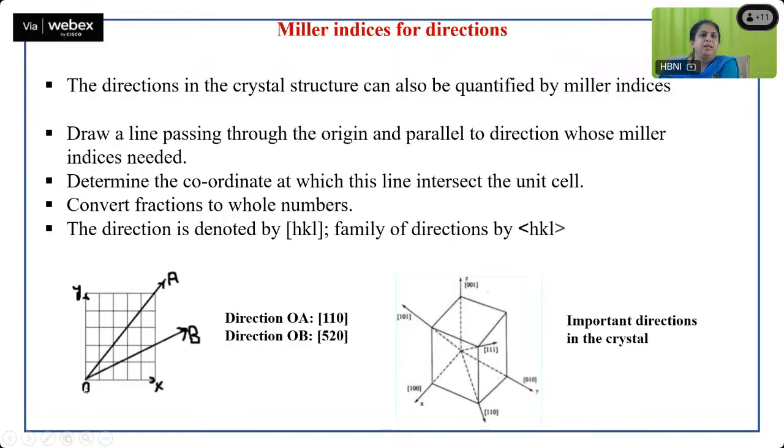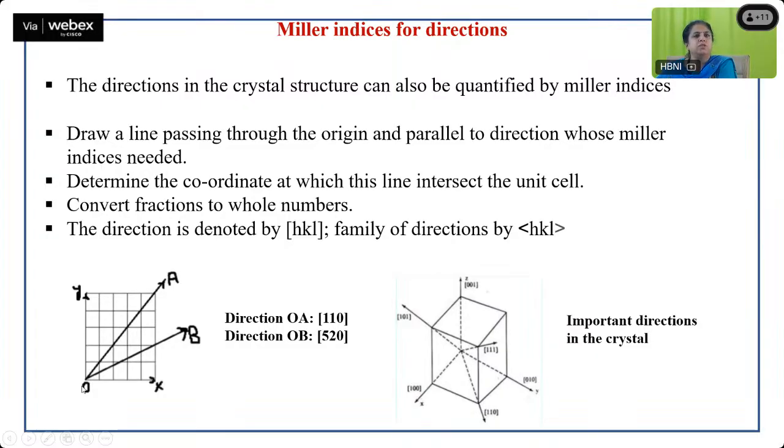Okay, so basically what you do is, suppose you had to determine this direction. You simply have to draw a line parallel to whatever direction you want to determine, but passing through the origin. Okay, let's say we wanted to determine for this line, and I've drawn OA, which is parallel to my desired line.